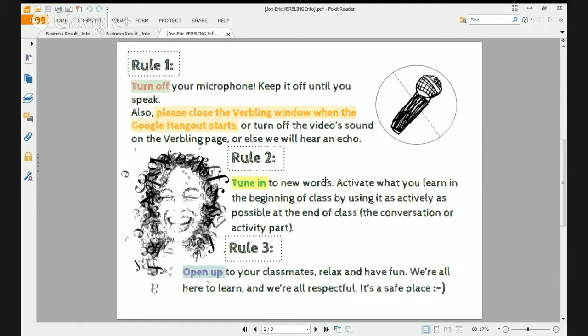That means use them actively. Activate what you learn, especially in the beginning of class, by using it as actively as possible at the end when we do a conversation or activity. Rule number 3, open up to your classmates. Relax and have fun. We're all here to learn, and this is a safe and respectful place to practice your English.